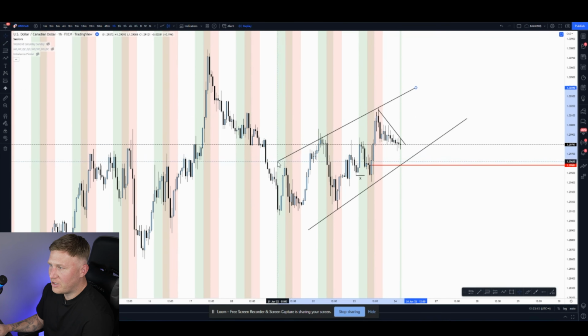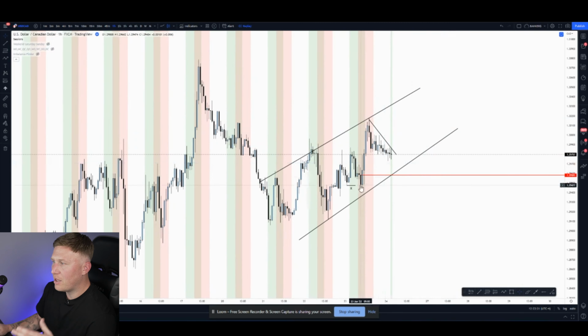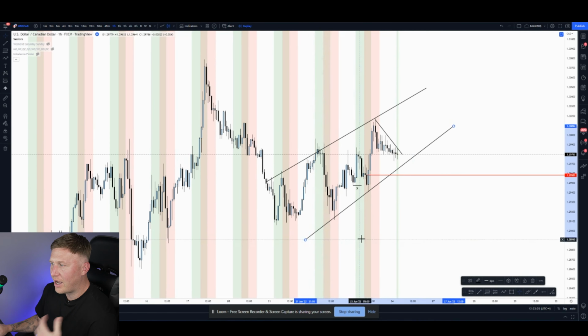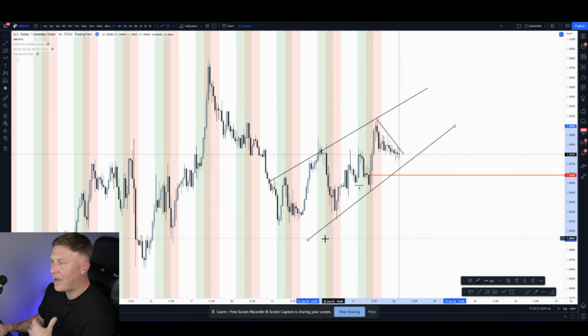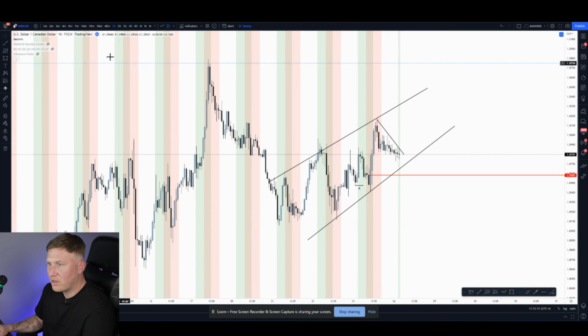And this is why these retail concepts are so fuzzy and subjective, because which top are you connecting? To me it looked like a solid trend line. I had a good, solid idea, especially with this support level here, and for me that is a solid area of relatively equal lows.